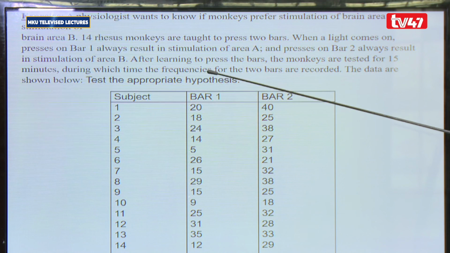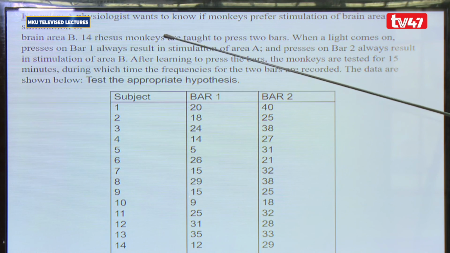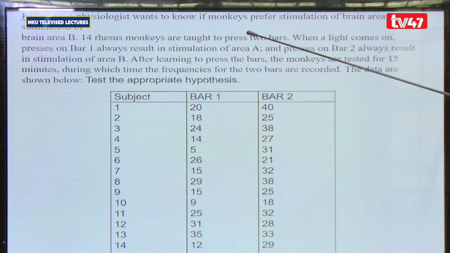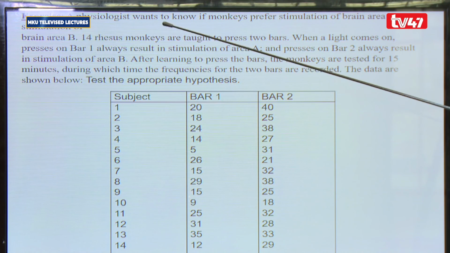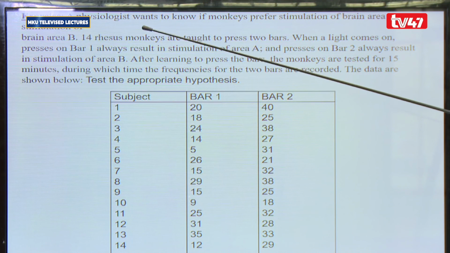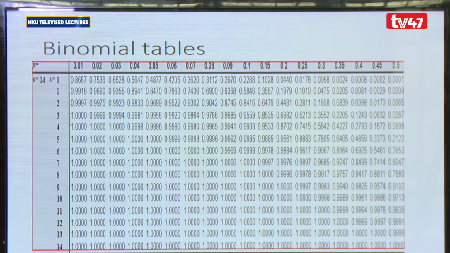We test the appropriate hypothesis. The part of the question that indicates the type of alternative that we require is the objective of the test: we want to know if the monkeys prefer stimulation of area A or area B. So that is an exercise.